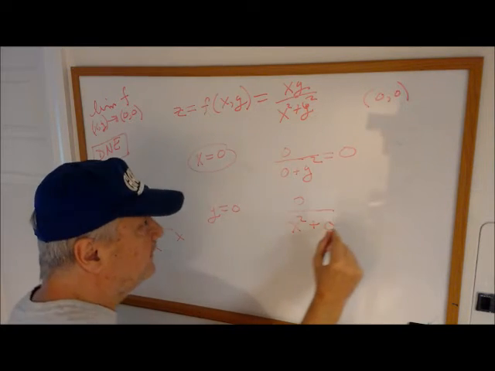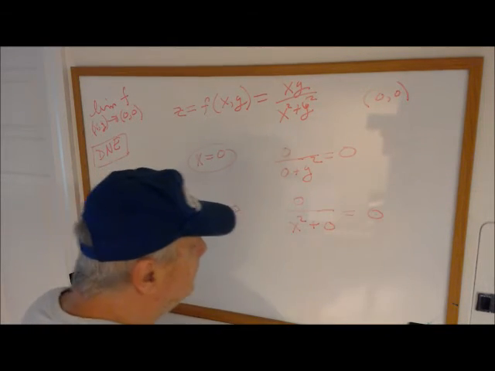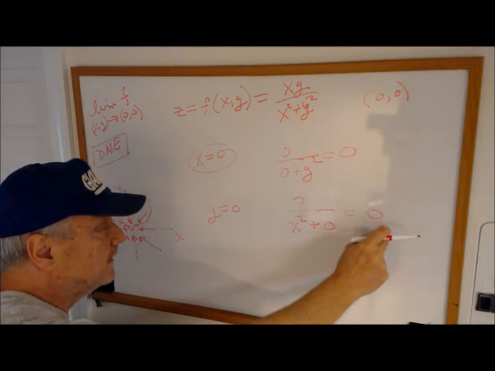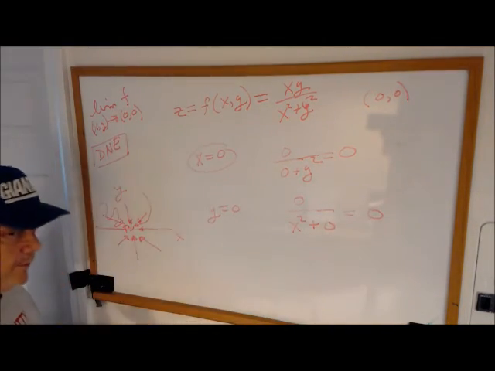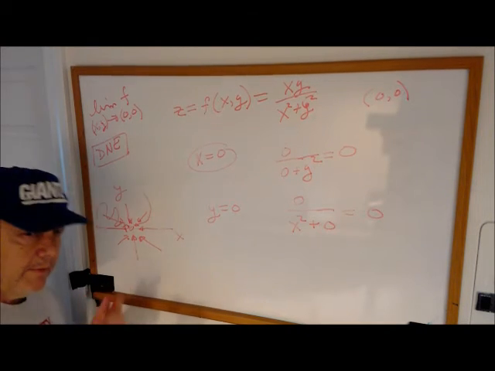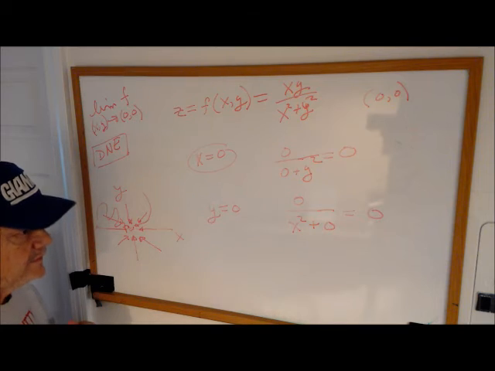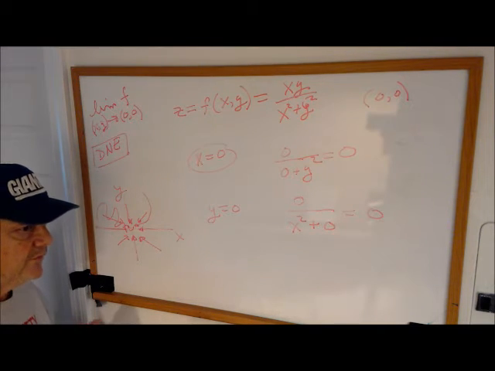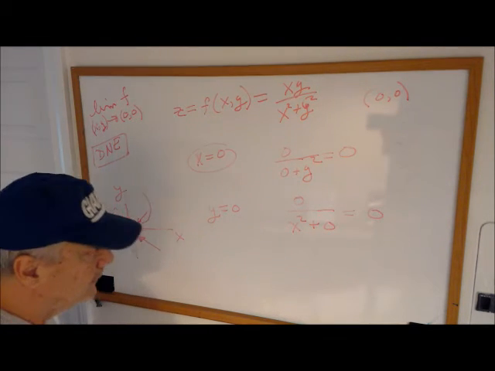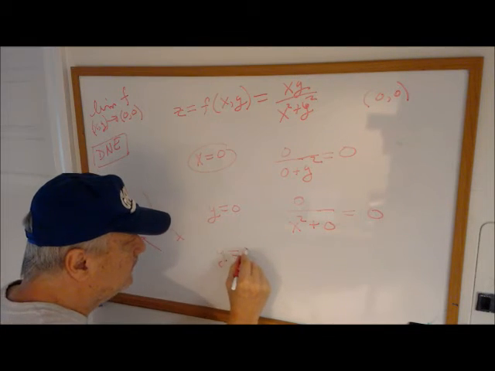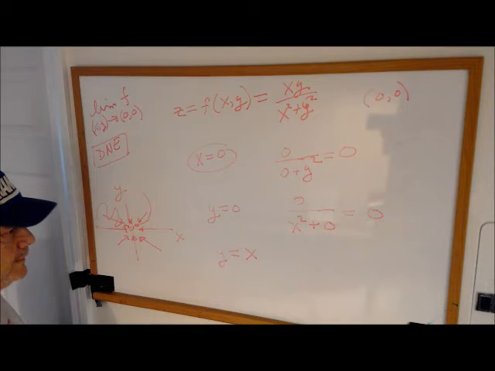So 0 divided by a number, again, that's 0. So it's looking like this function has a limit of 0. But we have to check all paths. So how many paths are there? Well, we did 2. How many more do we have to do? Infinity minus 2. Okay, so hopefully the third try will be the trick.